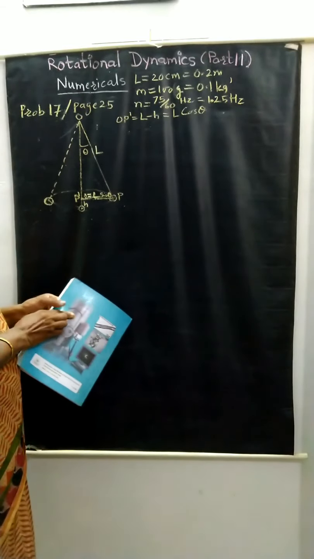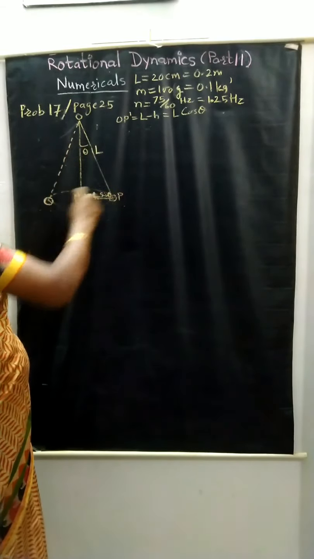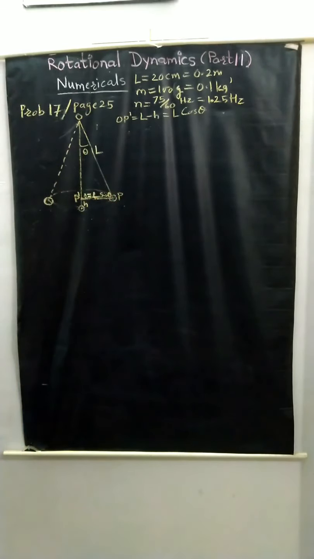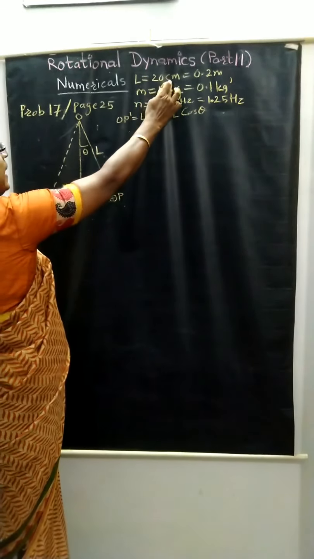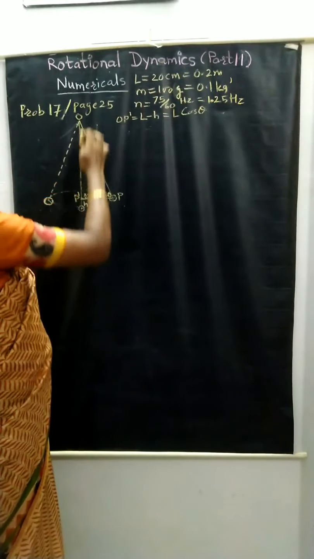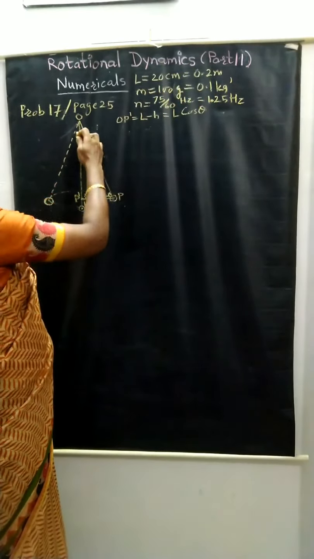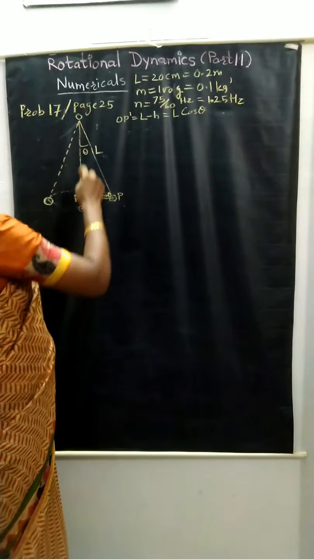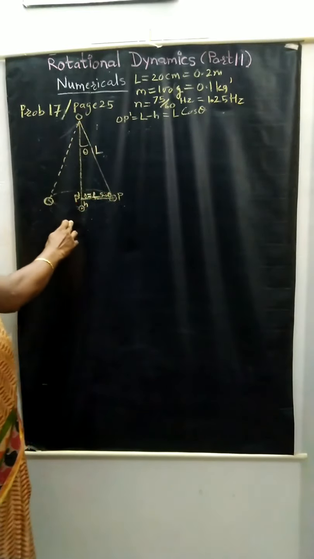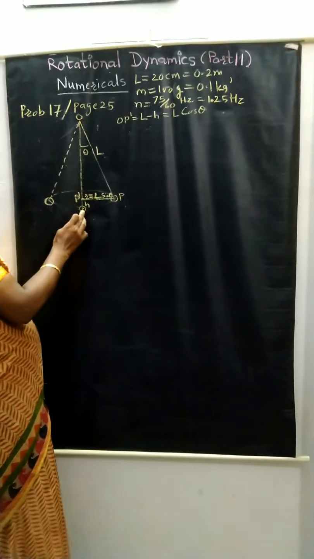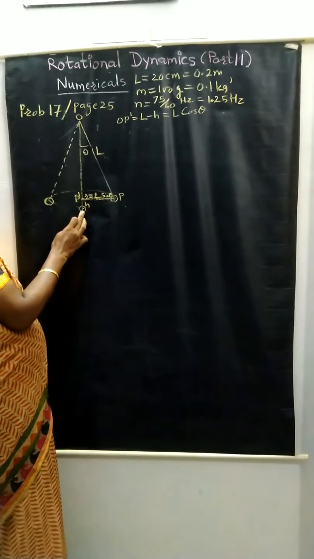Now here I have drawn the diagram of the conical pendulum. The length of the pendulum is given as 0.2 meter. This length is 0.2 meter and this is the equilibrium position of the simple pendulum.